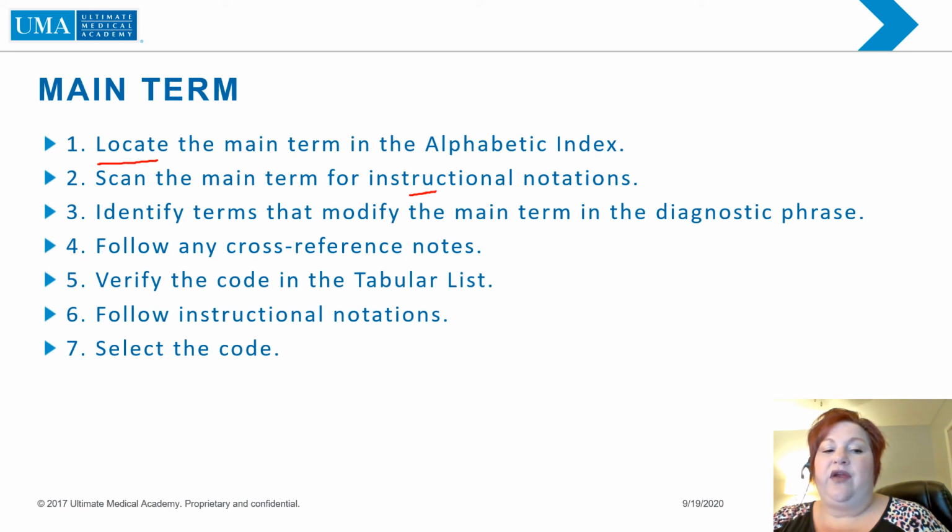Then identify terms that modify the main term in the diagnostic phrase. Follow any cross-reference notes. Verify the code in the tabular list. Follow all instructional notations, and at that point, you select your code.